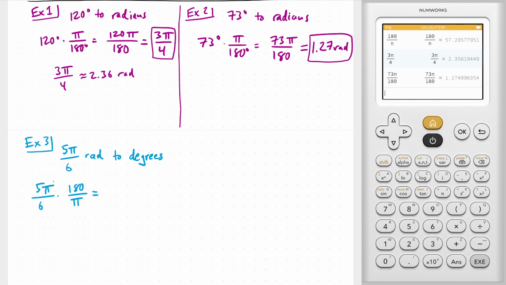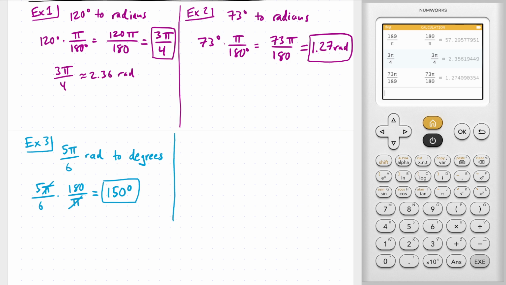And let's see, pi cancels out pi, and 180 divided by 6, I believe is 30, and 5 times 30 is equal to 150 degrees. So there we go, simple enough. And so that's our answer. 5 pi over 6 radians is equal to 150 degrees.